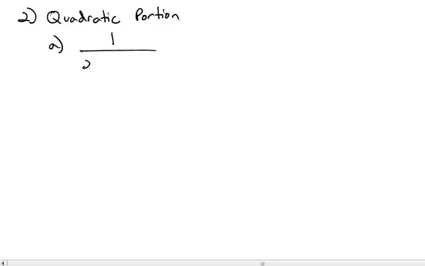Where this process is going to be useful is when we're working with some complex expression that has a quadratic portion. For example, we might have 1 over 2x squared minus 16x plus 5.